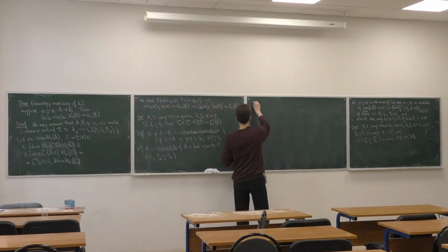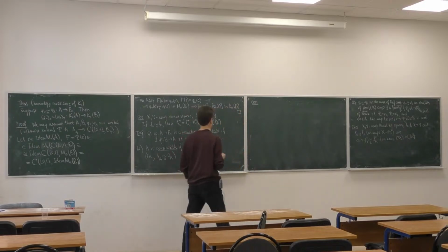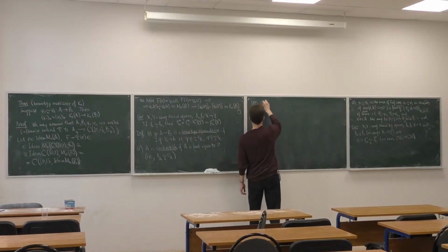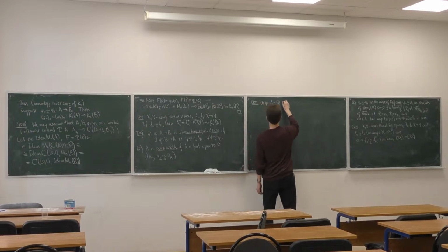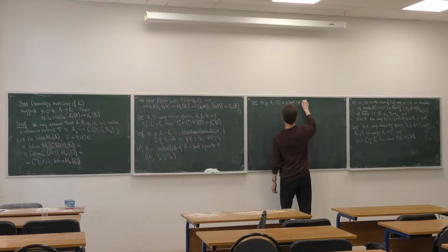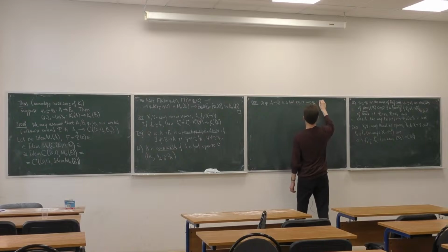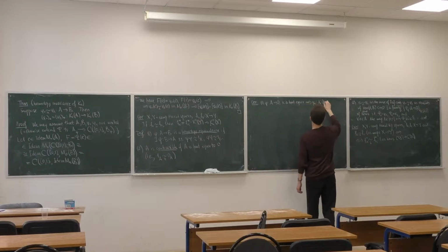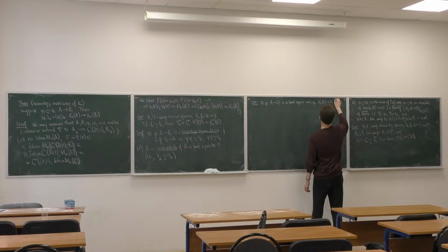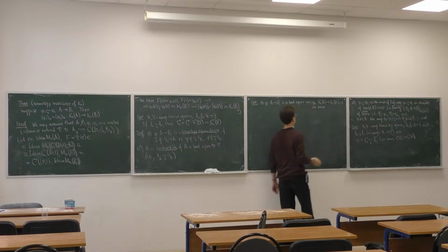And as a corollary of our homotopy invariance result, we see that if phi is a homotopy equivalence from A to B, then the induced map of K0 groups is an isomorphism.